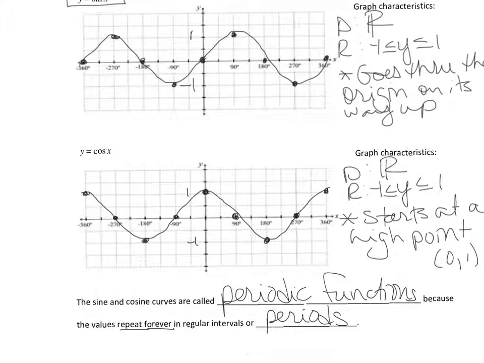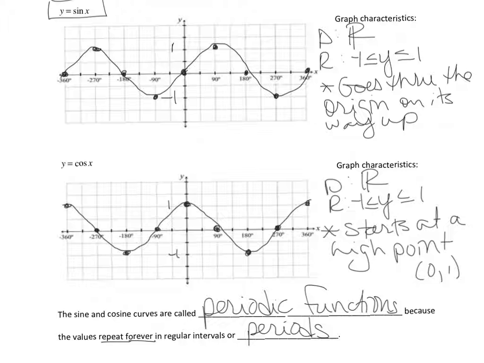So this graph will continue to just repeat over and over and over. Same thing with the sine. So they're called periodic functions because their values repeat in regular intervals or periods.